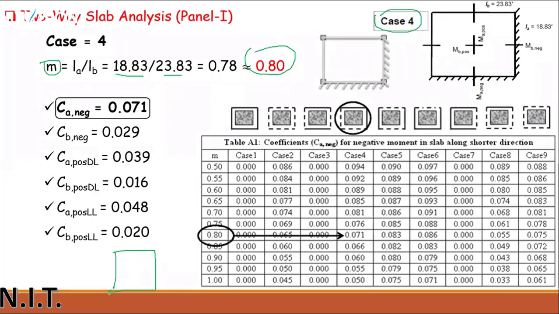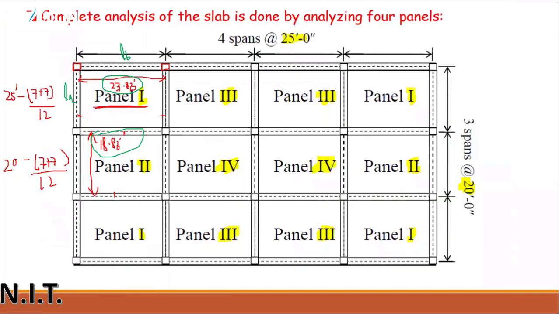You know why you are wrong? This is LA side. This is LB. This side is continuous, this side is continuous, and this side is continuous. You can see that one LA side is discontinuous. See this panel, this is panel 2.